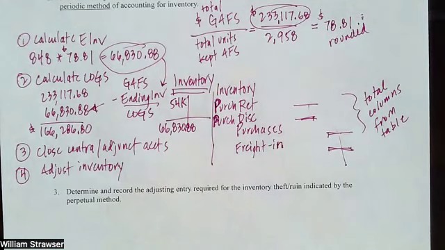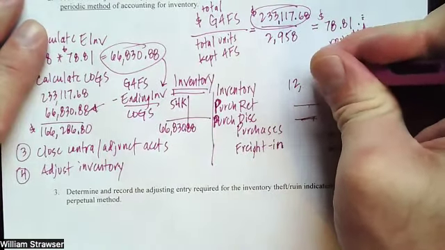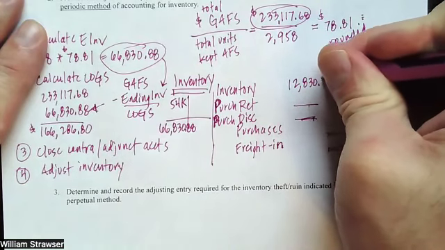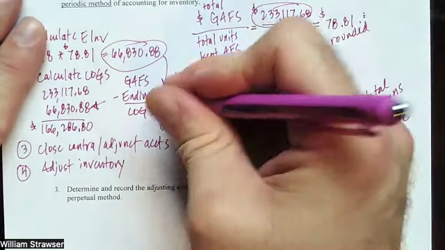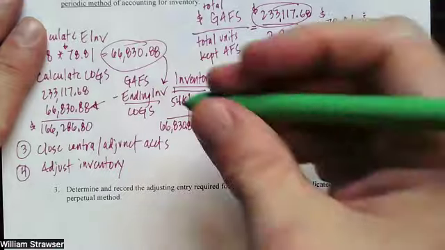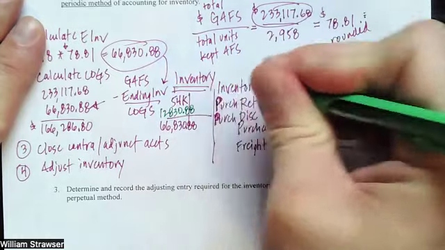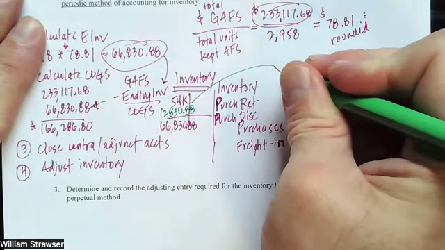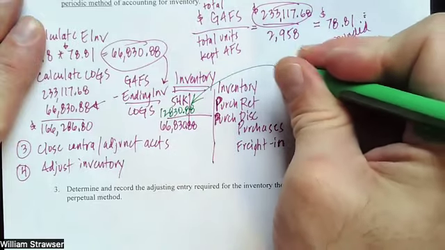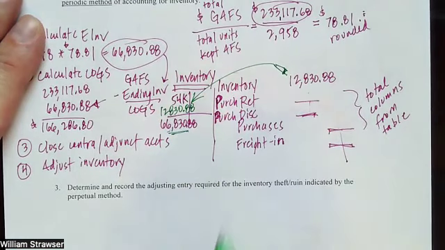So $66,830.88 minus $54,000 is a $12,830.88 adjustment that we would make by debiting my inventory account by that amount. I'm sorry, the other way around. This entry and the journal entry puts that into my T account, which gets me the correct ending balance.